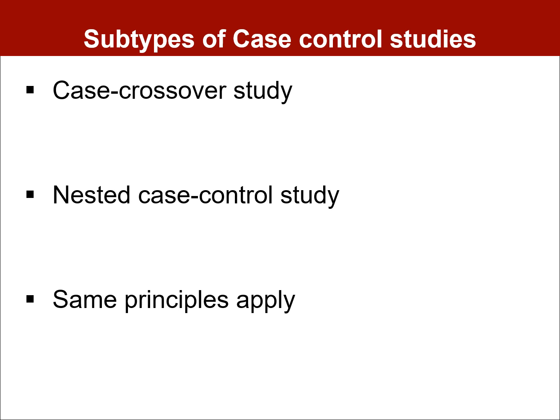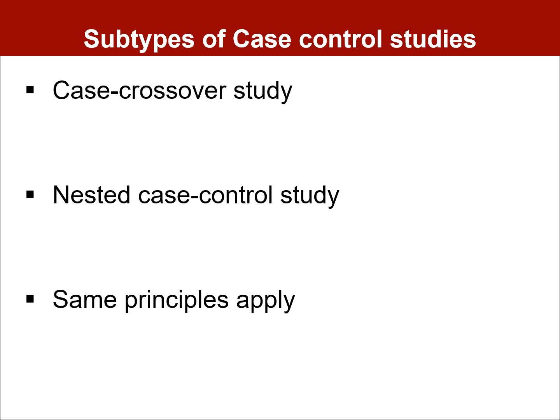Now I'm going to move on to two last sections, which would be the subtypes of case control study designs and the measures of frequency and association that are possible in case control studies. Again, a lot of this I already addressed previously on the previous slides, but I'm just reinforcing it or restating it so that you understand that this is a very important concept that you must take away from this course.